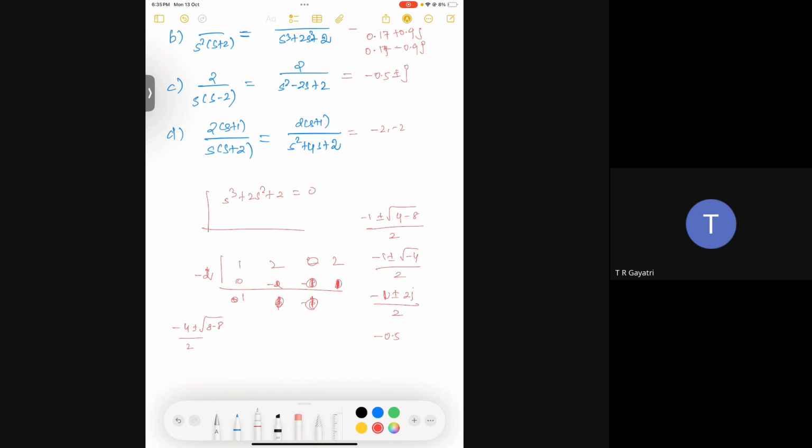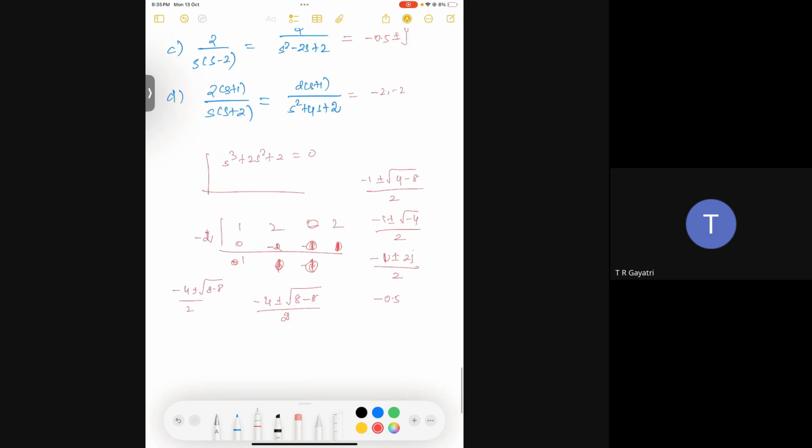Minus 2, I don't get it right. Minus b plus or minus root of b square minus 4ac. Missing anything?